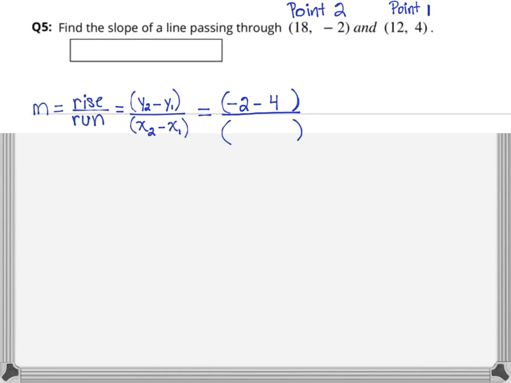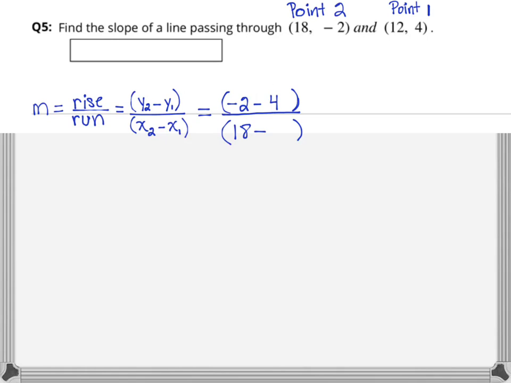That's my rise. Now let's look at the run. So now I have to get the x value for point 2, because this is x2. x2 is the x value for point 2. Point 2 is right here. The x value for point 2 is 18, so I'm going to write 18 right here. 18 minus, because it tells me right here, minus the value of x for point 1. Well, the value of x for point 1 is right here, 12.